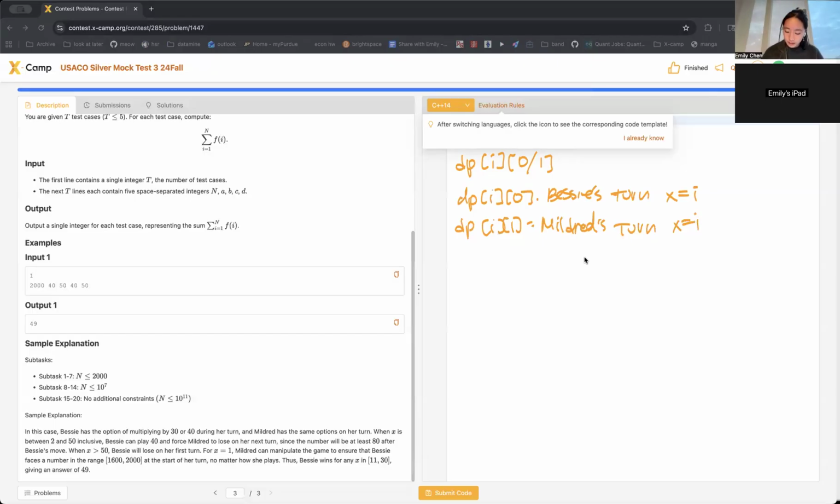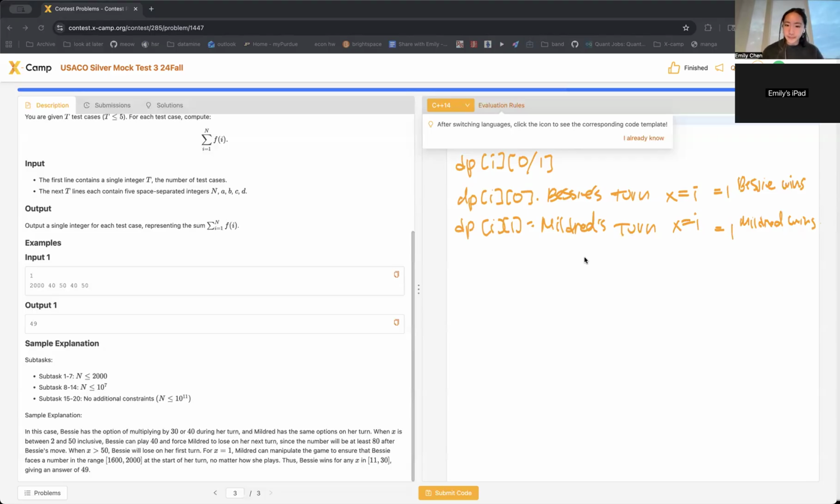And for both of these, the DP value equal to 1 means that Bessie can win. And if DP of i, 1 is equal to 1, then that means Mildred can win. And 0 means the other way around, where for the first one, Bessie would lose, and for the second one, Mildred would lose.